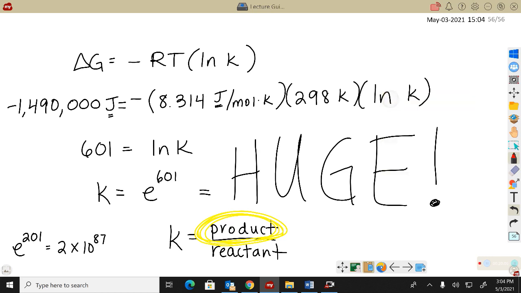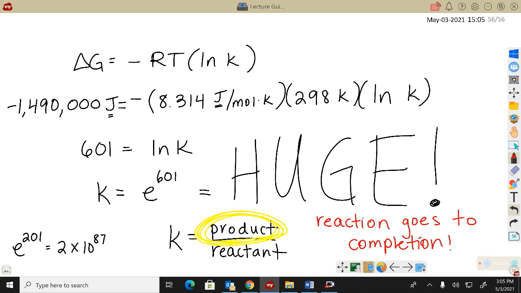And in fact, we would usually say that when K is large, and this K is obviously beyond large, we would essentially say that this reaction goes to completion.